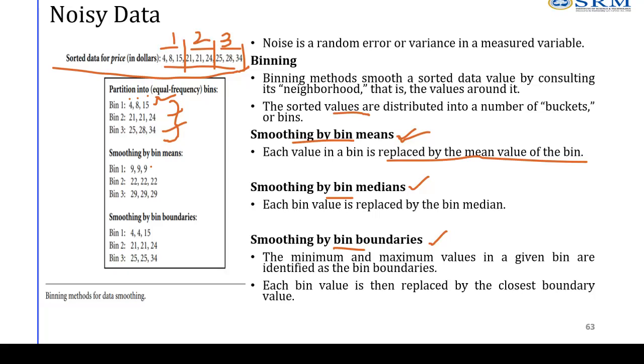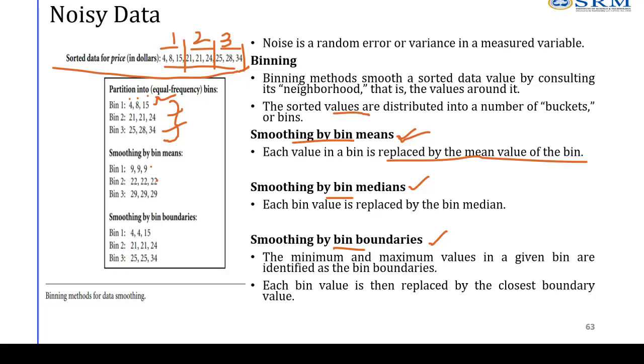If you take 21 plus 21 plus 24 divided by 3, the mean value will be 22. So each component in this bin will be replaced by 22. In the third bin, 25 plus 28 plus 34 divided by 3, the mean value will be 29. So each component of bin 3 will be replaced by its mean, 29.